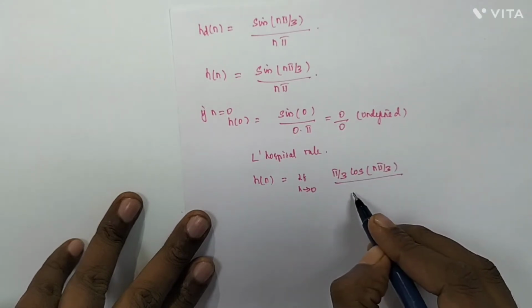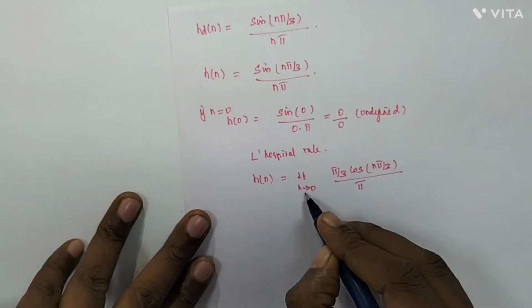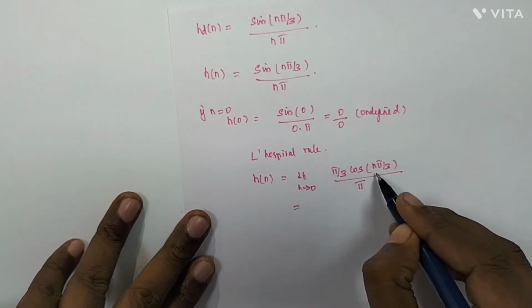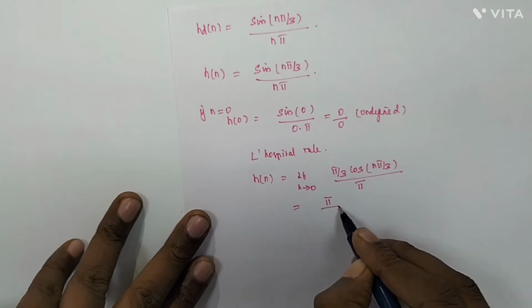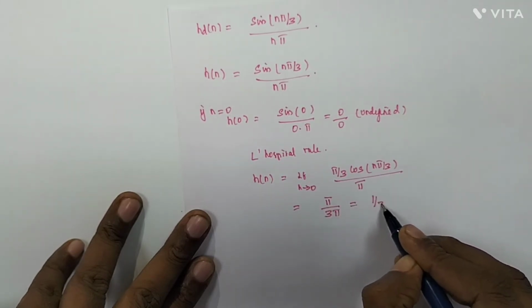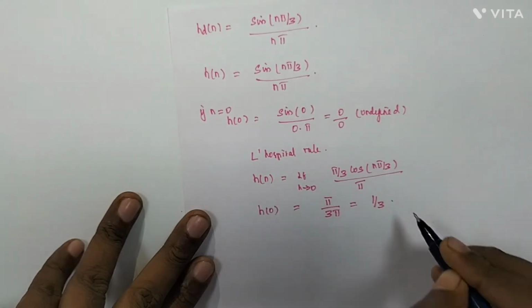And similarly the denominator n pi gives pi. So at n is equal to 0, cos 0 is equal to 1. That is pi by 3 pi. So the answer is 1 by 3. So h of 0 is equal to 1 by 3.